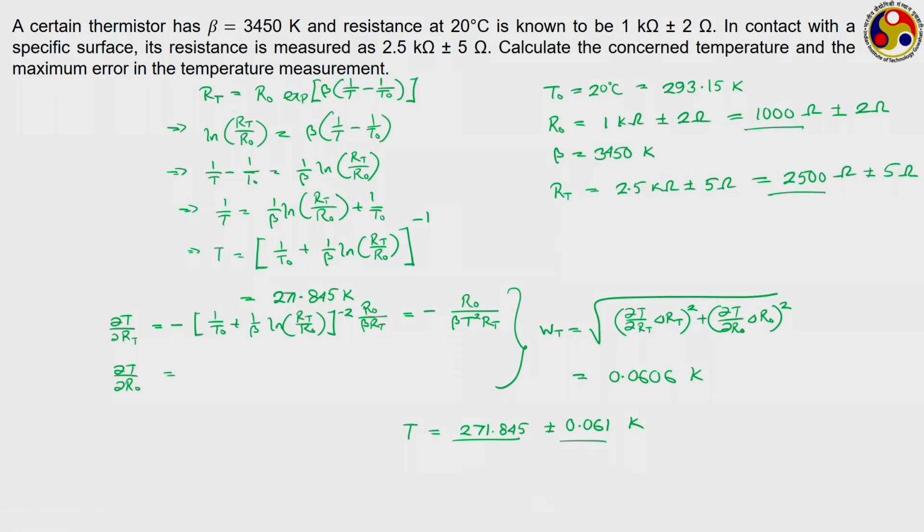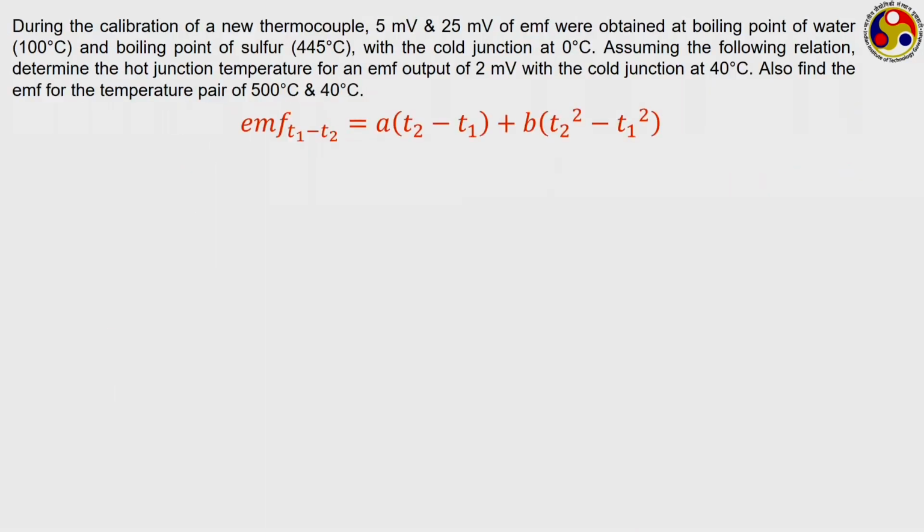Again, we are just using this particular concept of thermistor; the rest of the problem you already know from your earlier discussions. And finally, we shall be rounding off with a small problem on the use of thermocouples. During the calibration of a new thermocouple, 5 millivolt and 25 millivolt of EMF were obtained at the boiling point of water and the boiling point of sulfur with a cold junction at 0 degree Celsius.